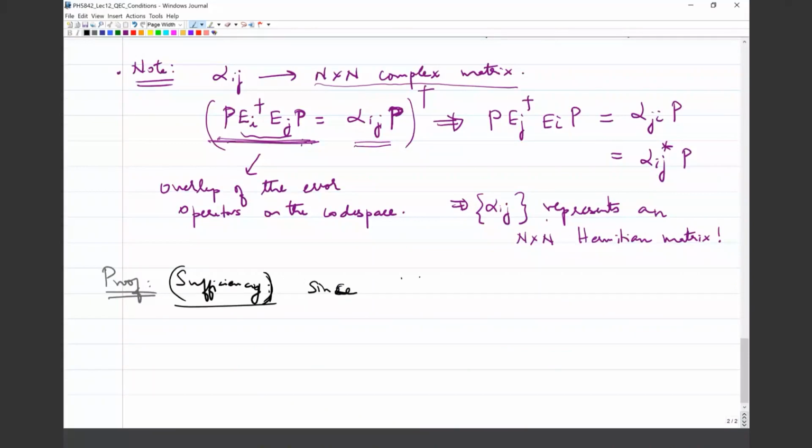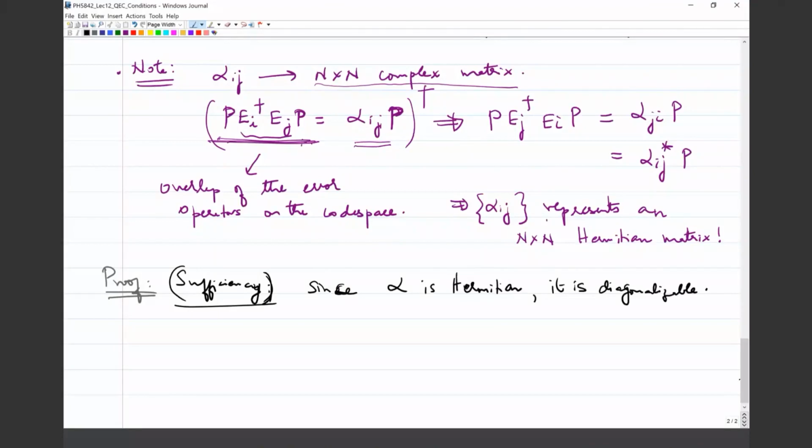I'm just going to call this matrix itself alpha. What happens? It is diagonalizable. So what does that mean? There exists a unitary operator which is going to convert it into diagonal form, right? Because it is Hermitian.